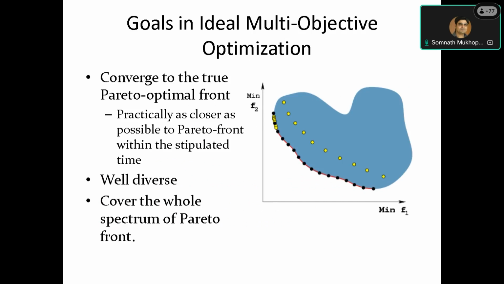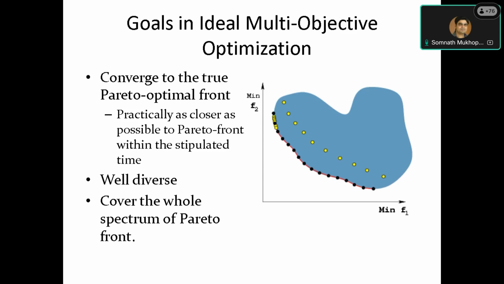So what is the goal of this multi-objective optimization algorithm? We need a solution space, and a Pareto optimal front which will be close to the best solution, the one you could find using mathematics. That is the optimal solution.